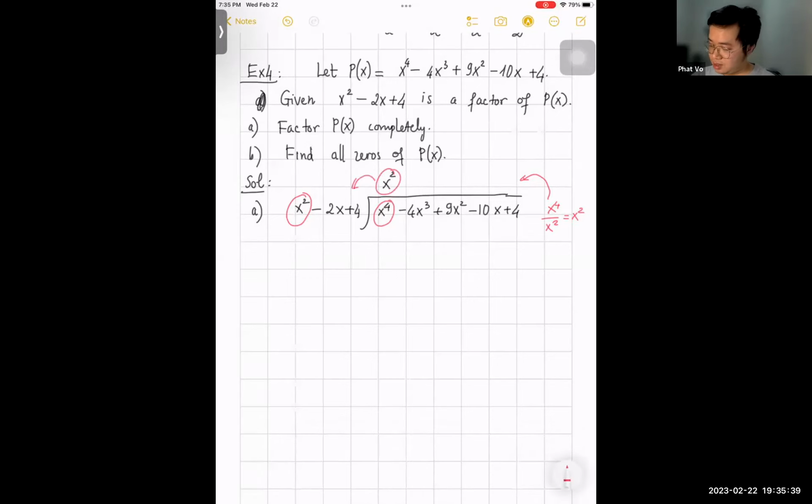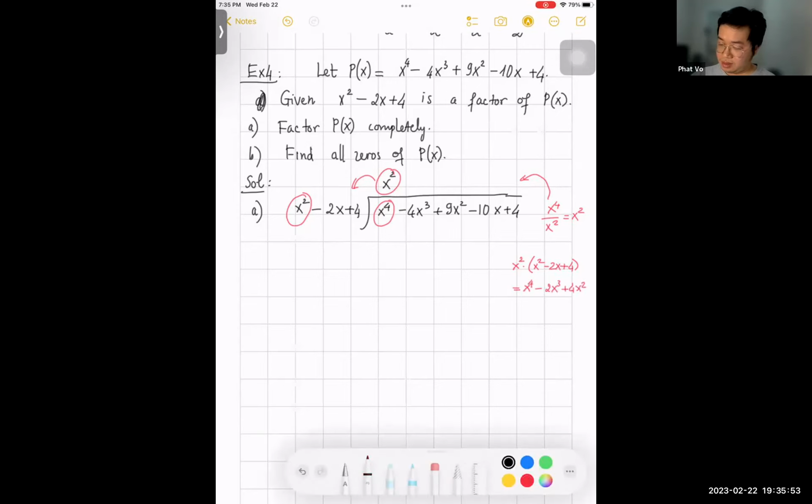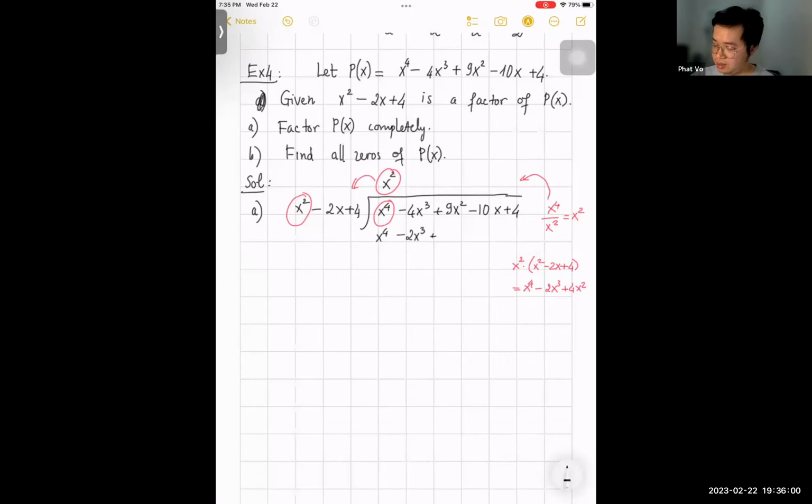So you will get x^4 minus 2x^3 plus 4x^2.